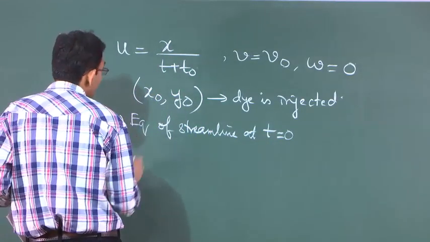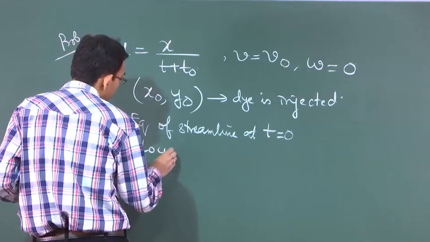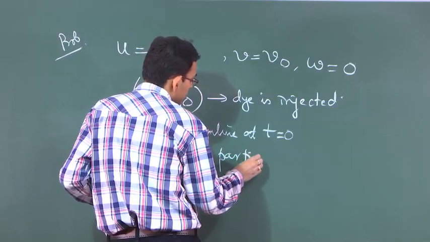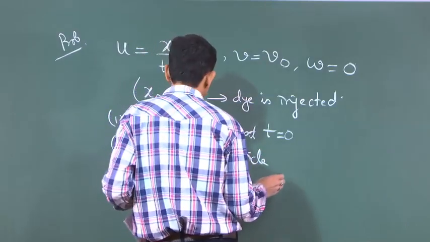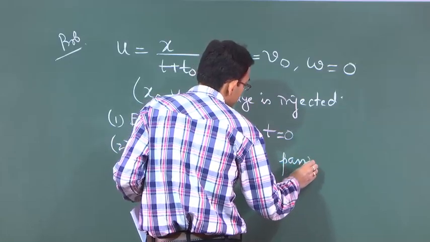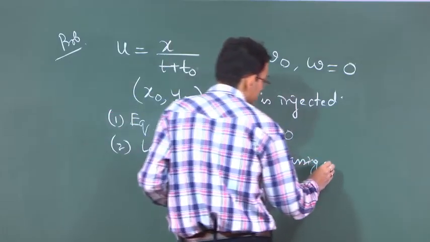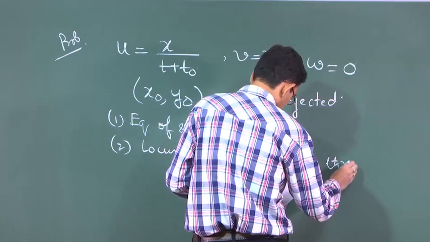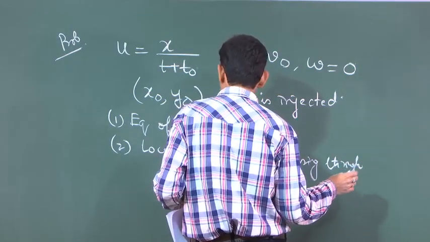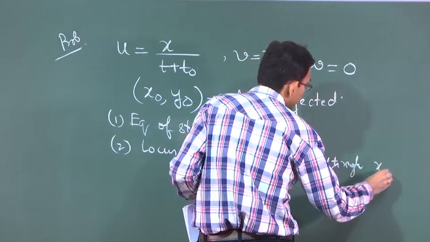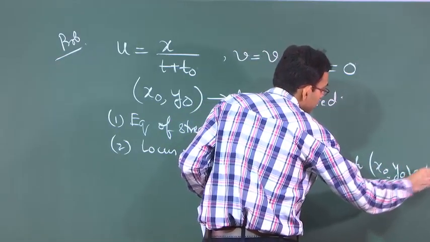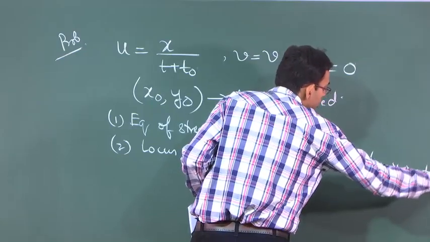Number 2, locus of a particle passing through x0 y0 at t equal to t0.